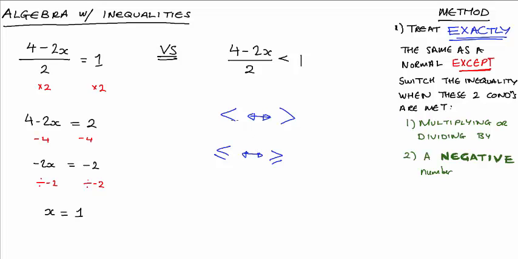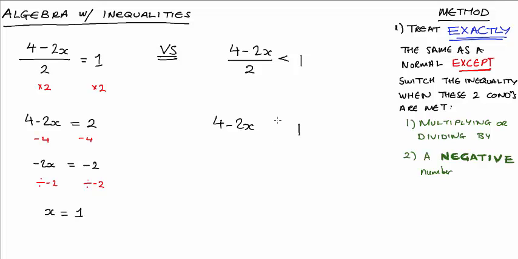It's not like you'll ever go between them. It's literally these 2 flip between each other and these 2 flip between each other. So the only question you have to worry about is, when do I flip this inequality? And I can promise you that the rest of this is going to work exactly the same.